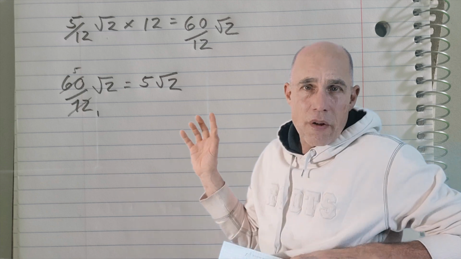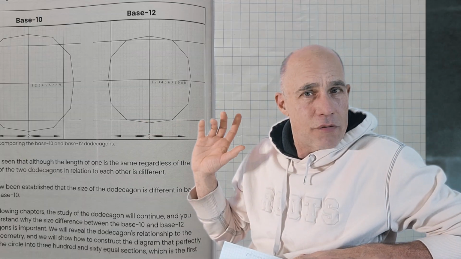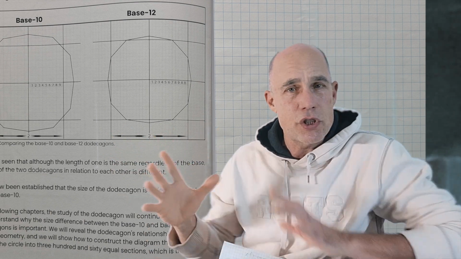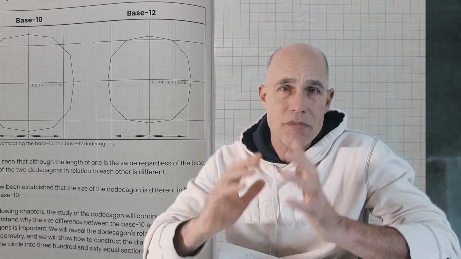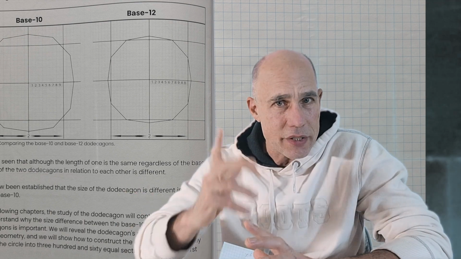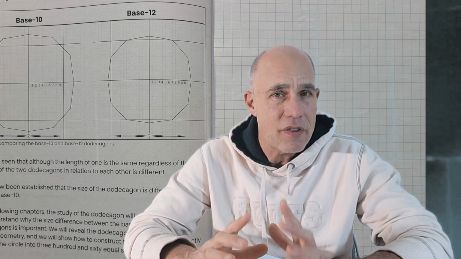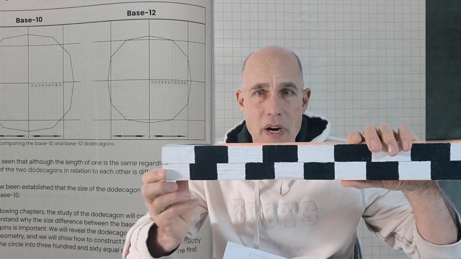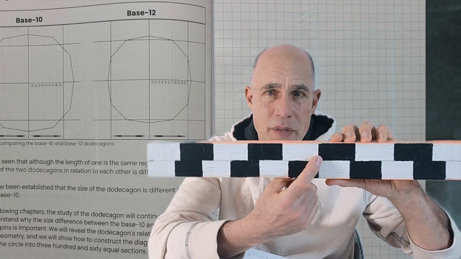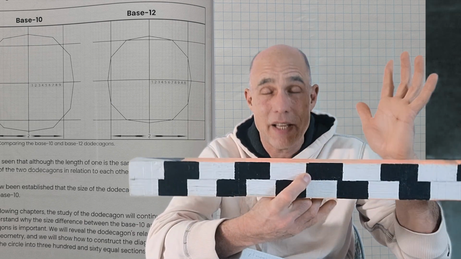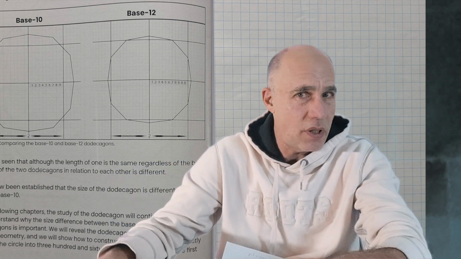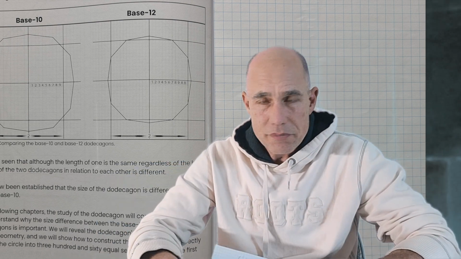And so here's a picture where the two versions of the dodecagon are next to each other, and you can see that the base 12 version is a smaller version. Again, it's very straightforward when you realize it. The length of 0.5 in base 12 is a shorter distance than the length of 0.5 in base 10, which is half. 0.5 in base 12 isn't half, it's a little bit less.